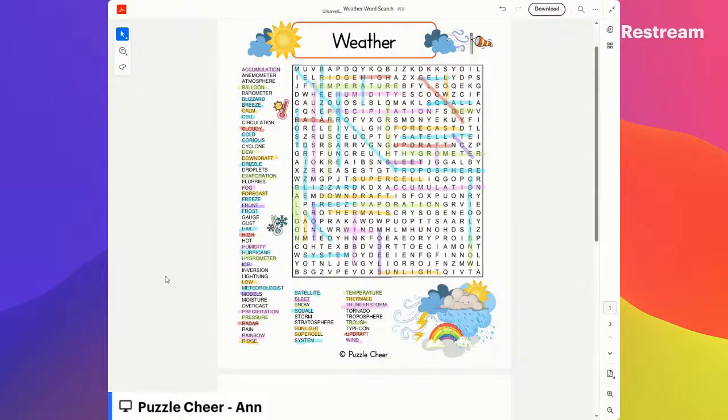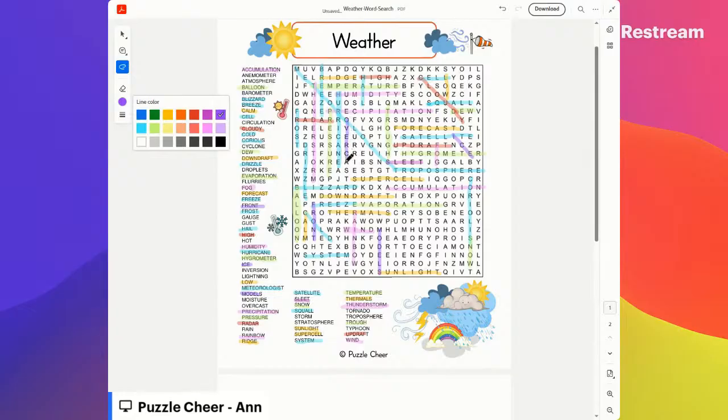Let's see. Rory says overcast is vertical, just right of hurricane, top left. Okay, so hurricane is blue. Hurricane, overcast. Overcast. Very good. Thank you.